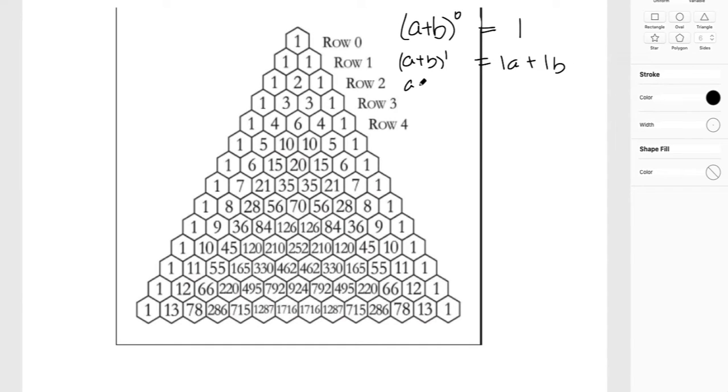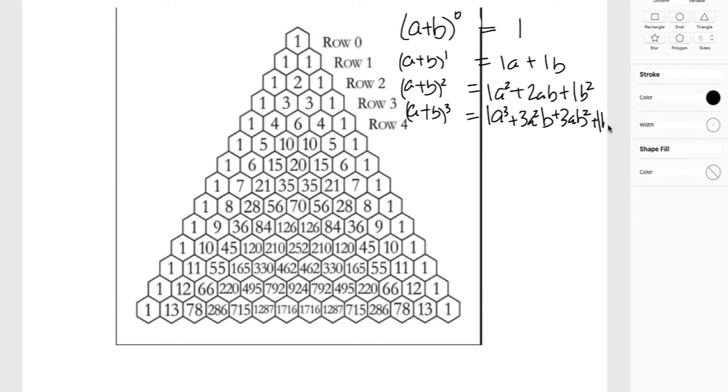If I take a plus b and raise it to the second power, and take a little bit of time to FOIL it out, I get 1a squared plus 2ab plus 1b squared. I'm hoping that you're seeing it. If I take a plus b and raise it to the third power, I'm looking at row 3 now, and I expand it, I get 1 times a to the third power plus 3 times a squared b plus 3 times ab squared plus 1b to the third power.